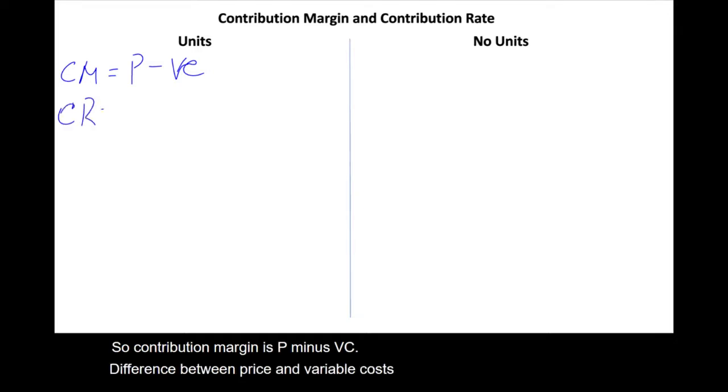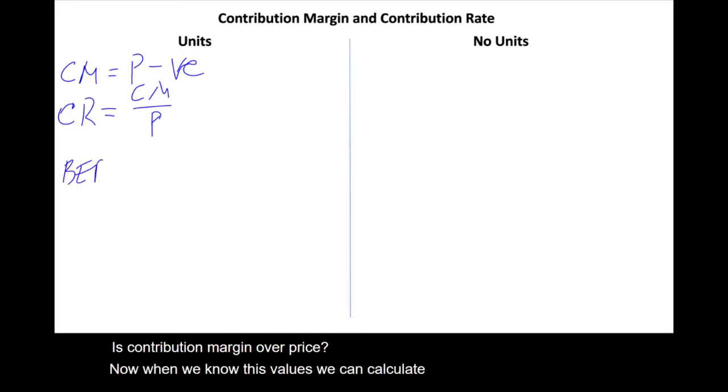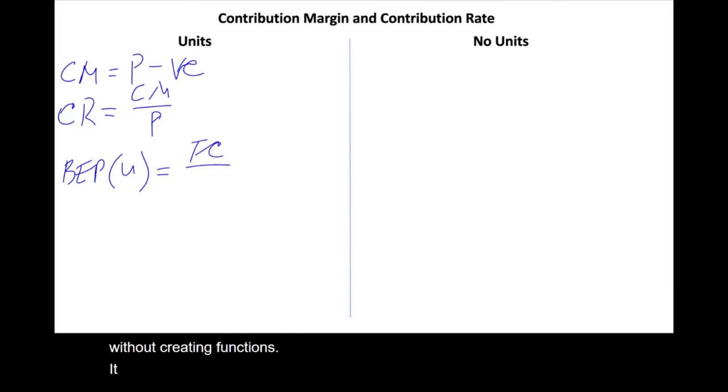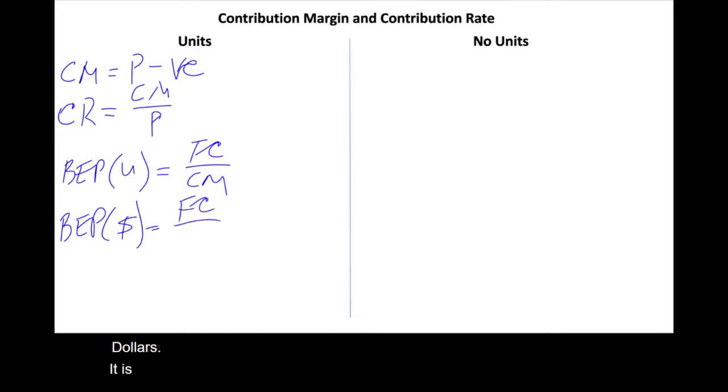Contribution rate is contribution margin over price. Now, when we know these values, we can calculate the break-even point directly without creating functions. It is fixed cost over contribution margin. Break-even point in dollars is fixed cost over contribution rate.